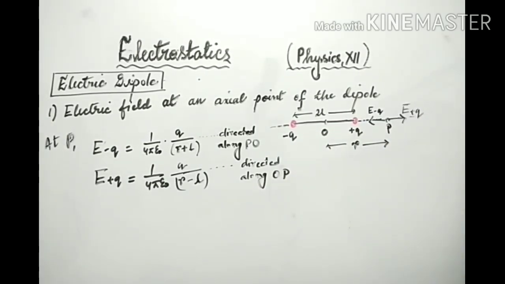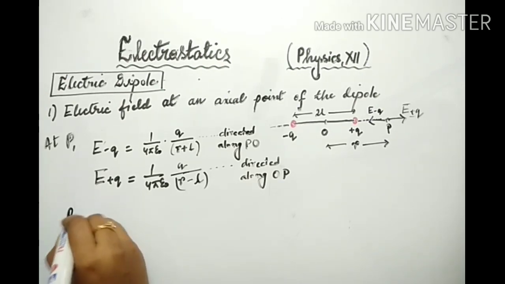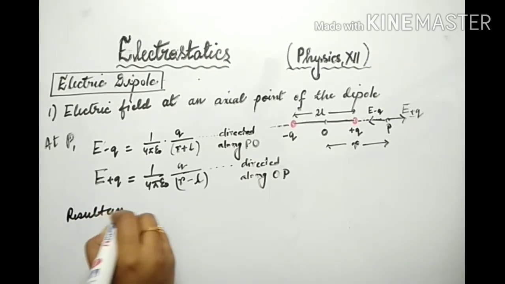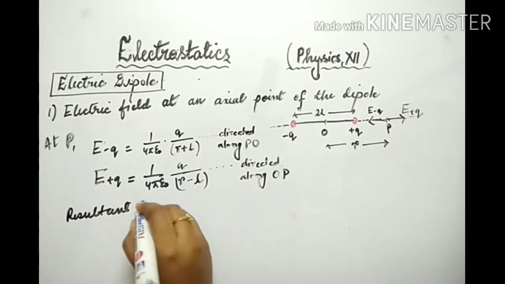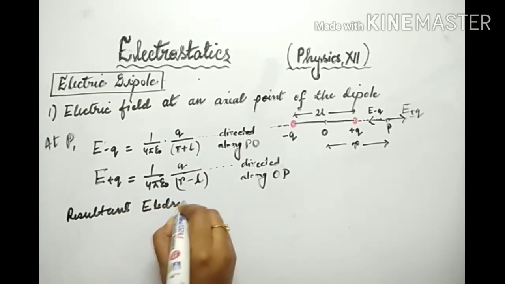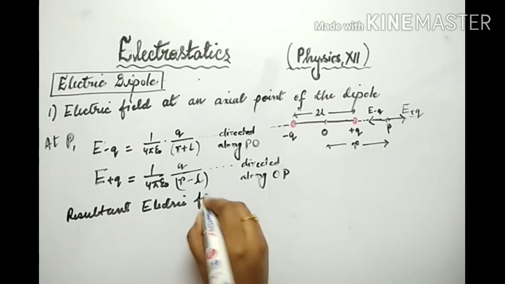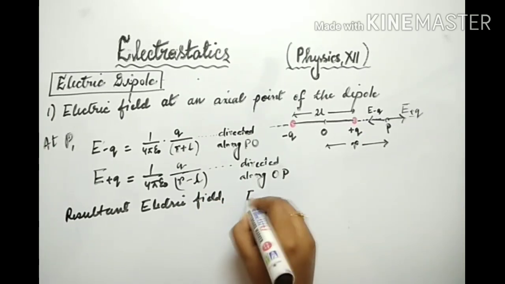So these two fields are in opposite directions. So what will be the resultant electric field E?